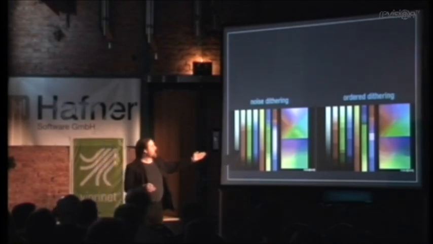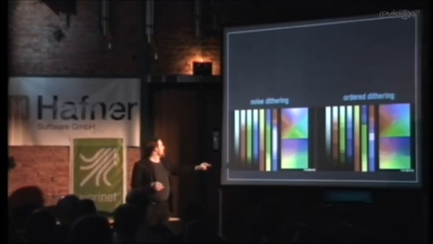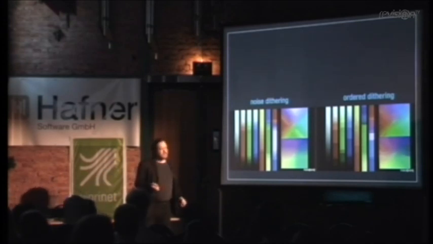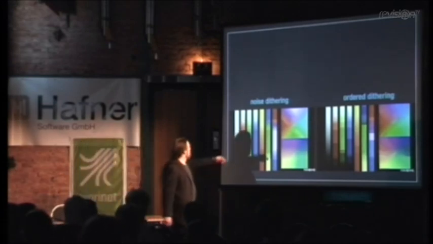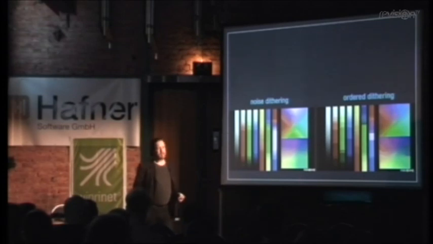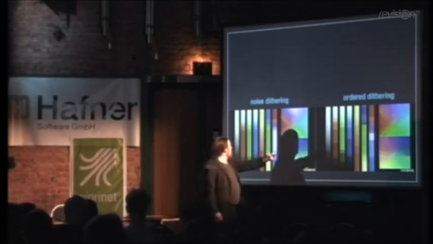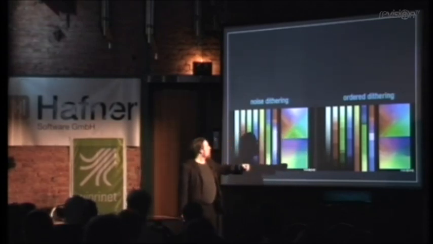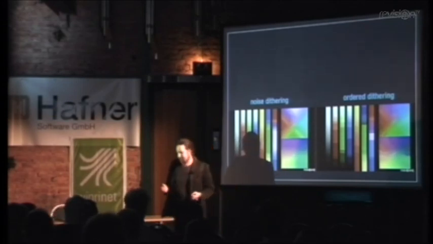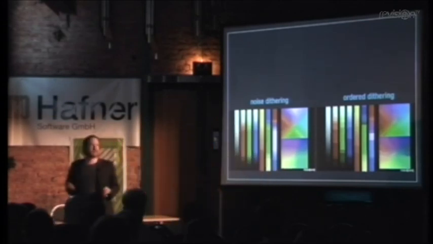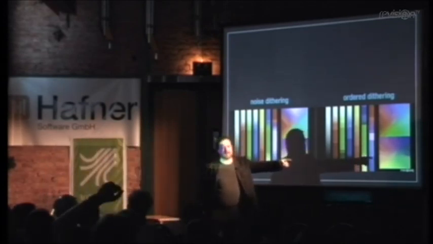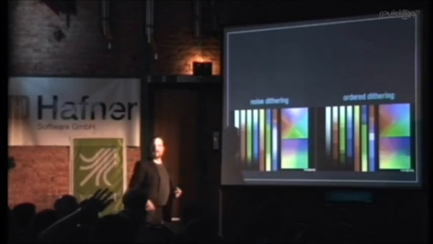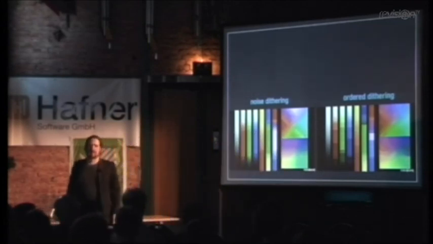With noise dithering, we have a very nice grade of shading at the black and white tones, at the gray tones, but the colors are quite crappy. With ordered dithering, we have a clear overall appearance of colors, as we see at the last square down here.